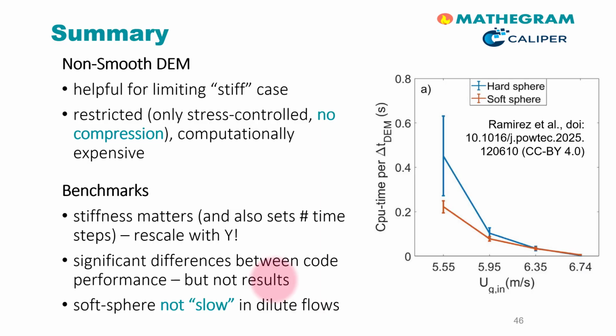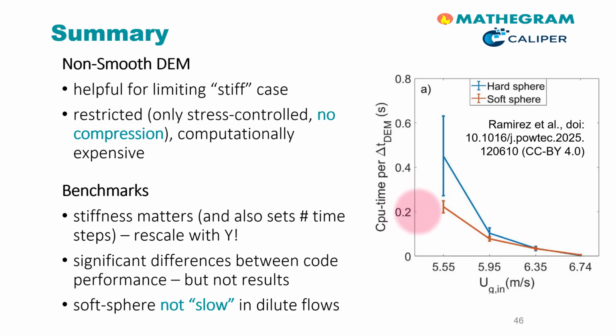Finally, we have also seen from the very recent publication of Ramirez et al., as displayed here on the top right, that the soft sphere and the hard sphere DEM have a quite similar computational performance, and that in denser flows, which correlate here to lower gas velocities UG in the graph, the soft sphere DEM, the orange curve, has a clear advantage when it comes to computation times.